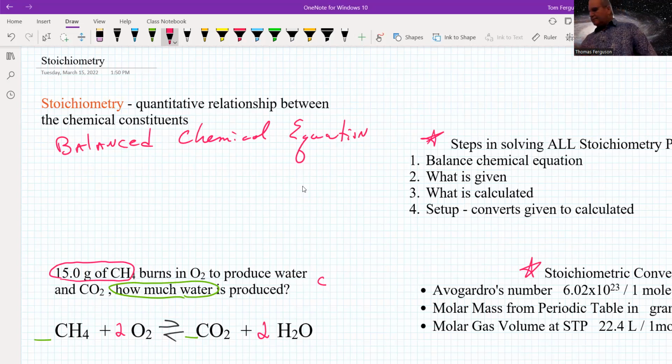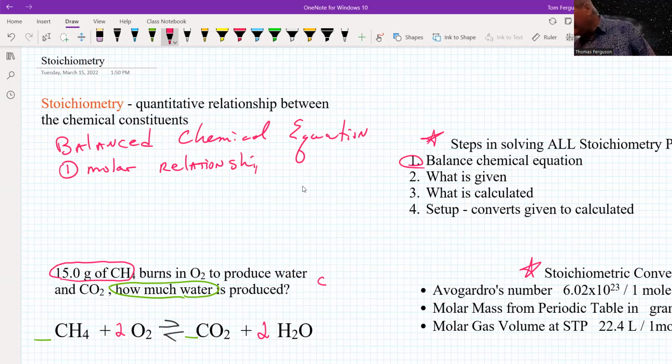Step number 1 is going to be: balance the chemical equation. Now, I'm going to review, what does a chemical equation give you? It gives you 2 things. It gives you molar relationships and molecular relationships.